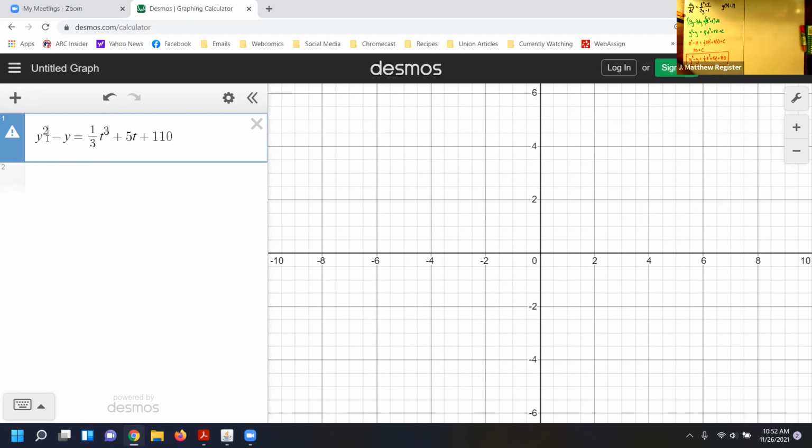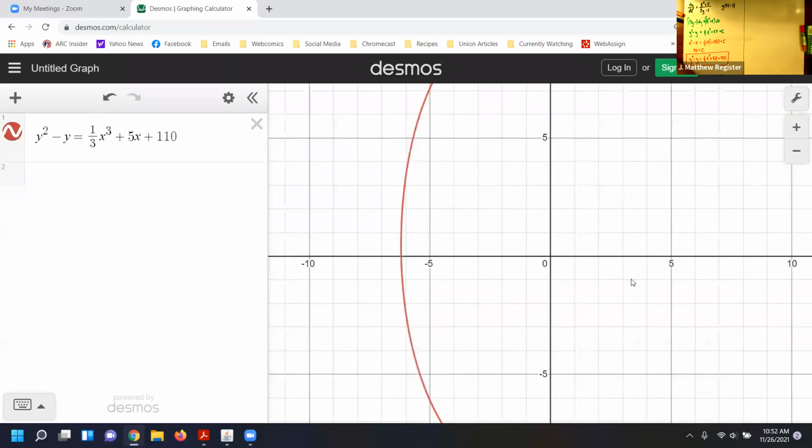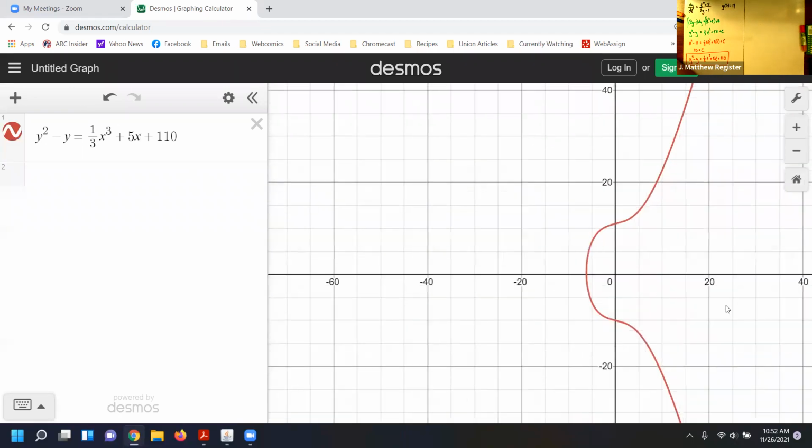Oh, it doesn't like solving this. That's interesting. Wonder if maybe I need to make it so that it's x's so that it feels more comfortable doing it. There we go. So I just converted the t's to x's so that Desmos felt a little bit more comfortable graphing this.